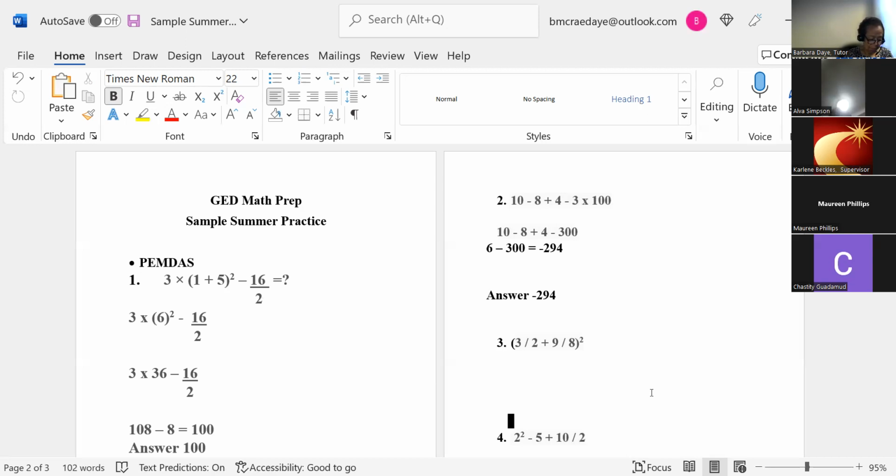What do you get? So how do I square it? By the 2? You have your calculator?